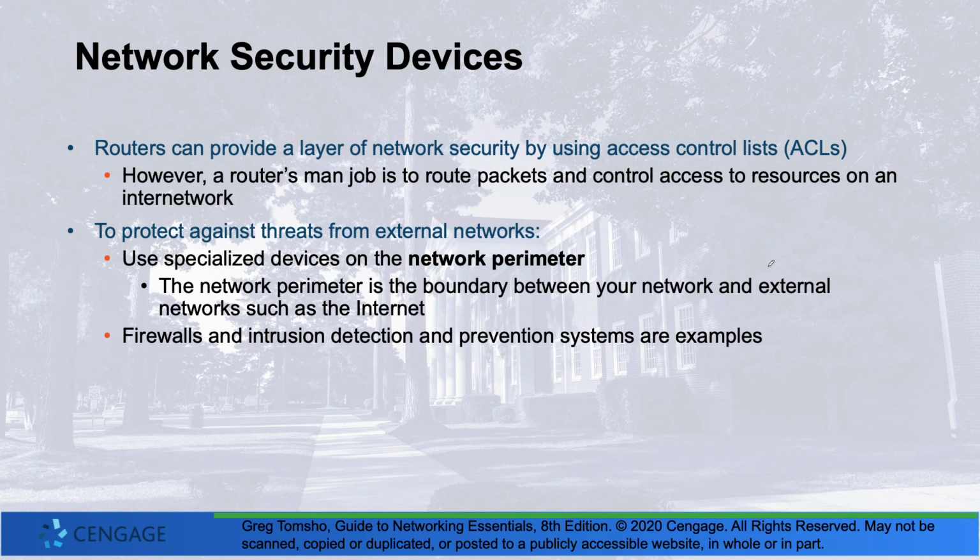We can also harden our network security devices such as routers. On a router, we can turn a router into a firewall by using the access control list. The router's main job is to route packets, as we've already covered in previous chapters. But if we're a small company and we cannot afford a full-blown firewall, then we can set up an access control list in that router and say, allow traffic from these IP addresses, but not from these.